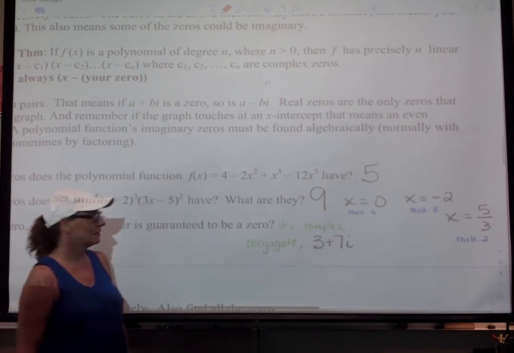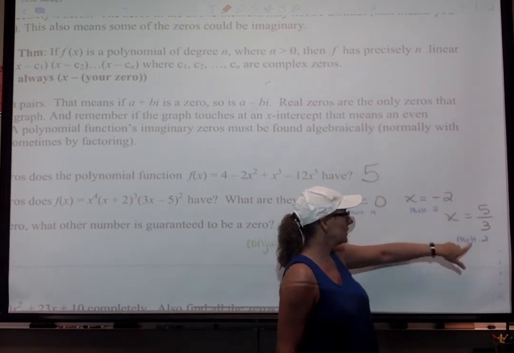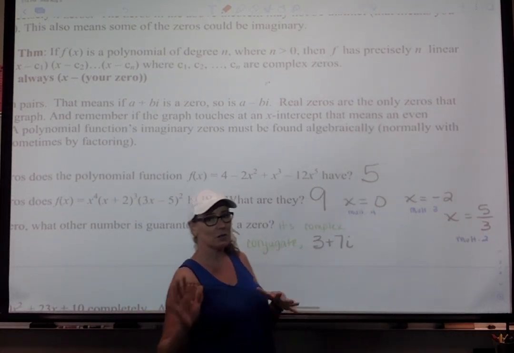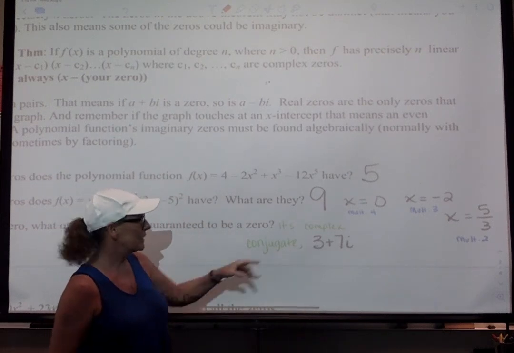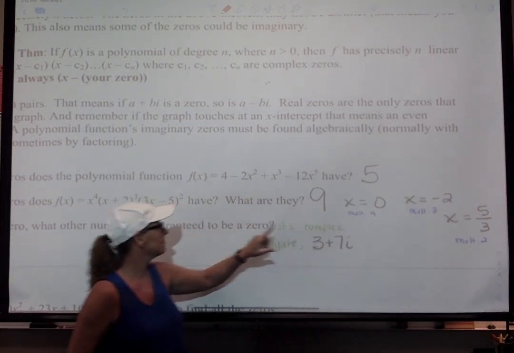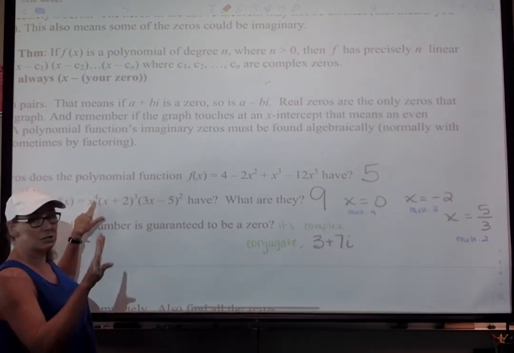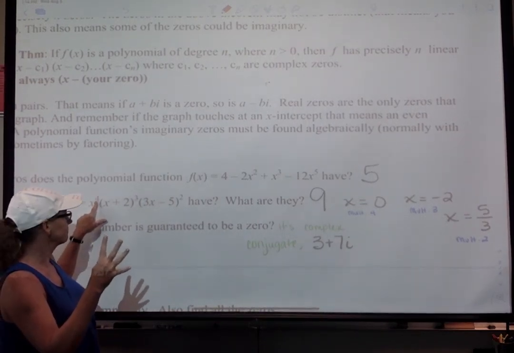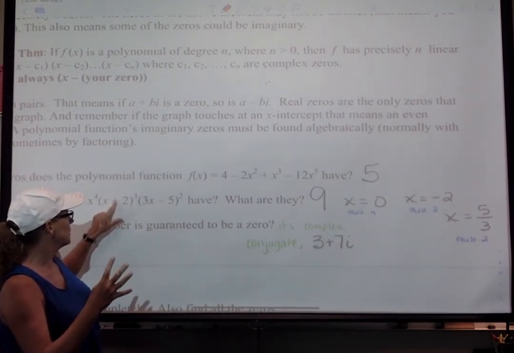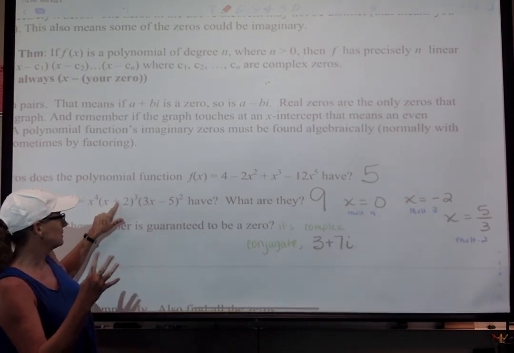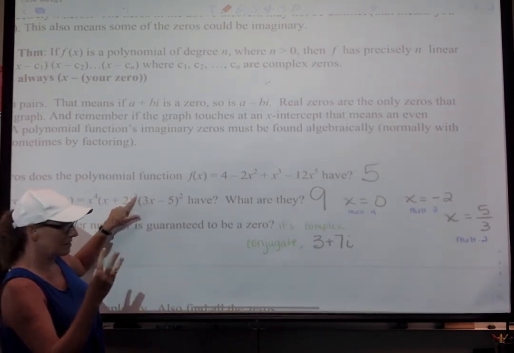What are they? Here's one, here's one, here's one. But wait, that's only 3. Well, yeah, 3. But this one happened 4 times. -2, the multiplicity on that one is 3.